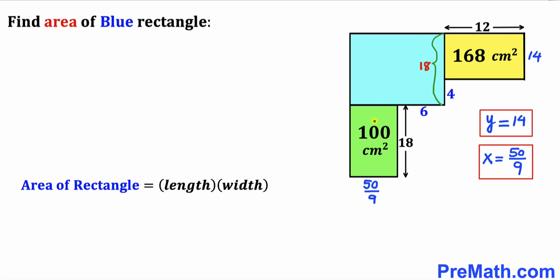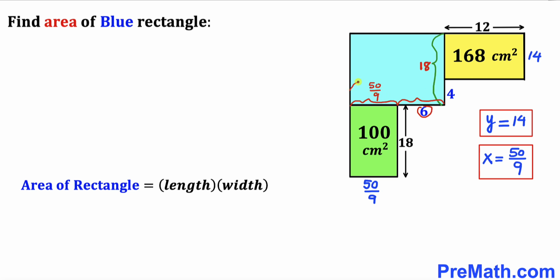And now let's focus on this green rectangle. This side length is 50 divided by 9 centimeter. So therefore this side length is going to be 50 divided by 9 centimeter as well. And now we know that this side length is 6 centimeter.